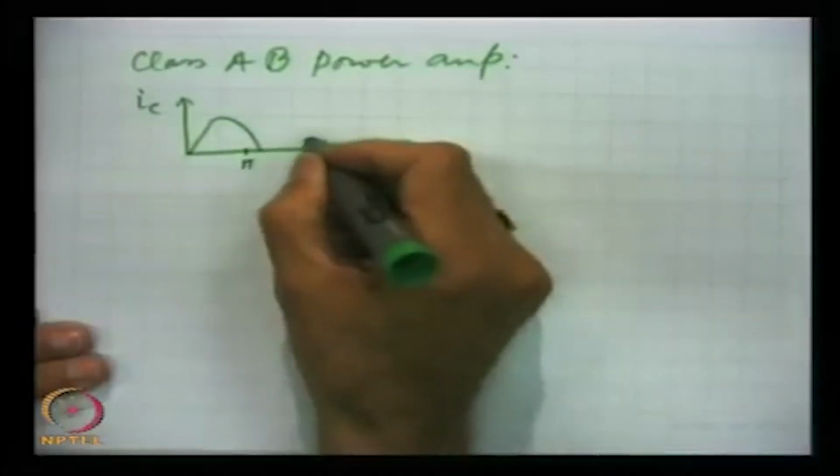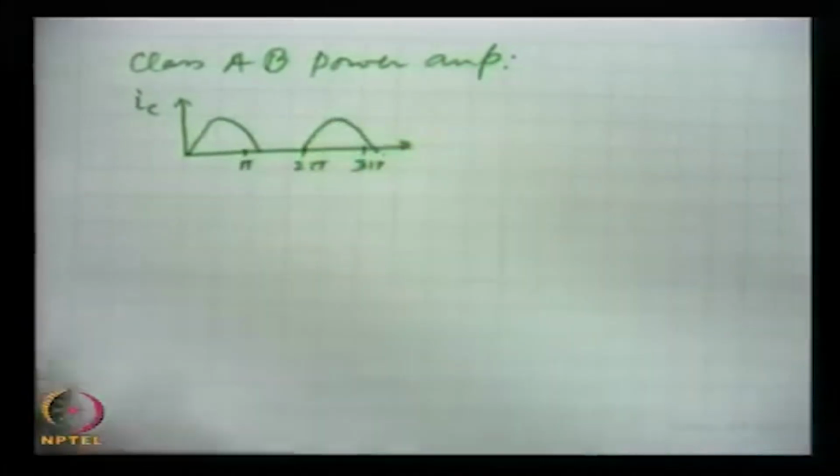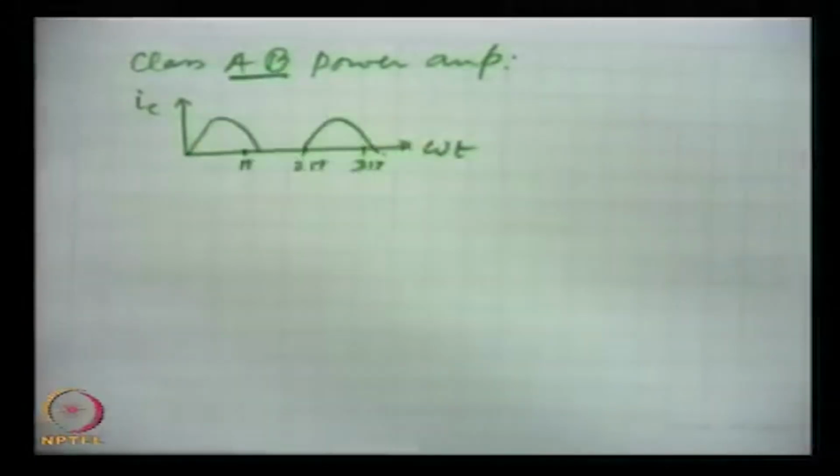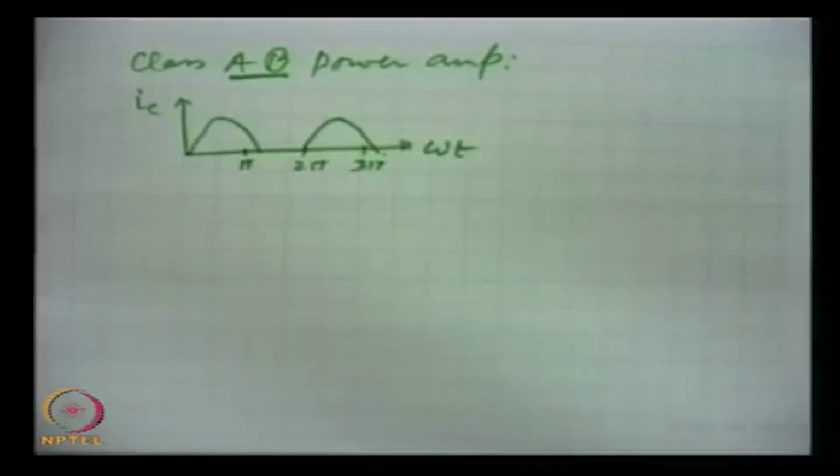Similarly, here. This is AB operation, which is the one used in push-pull amplifiers, and the efficiency is a few percent lower than pure B, but the output is distortion free, and hence this is the one which is used.